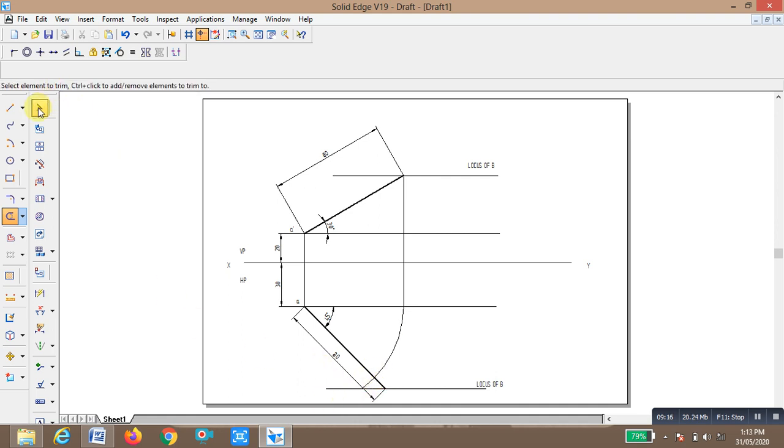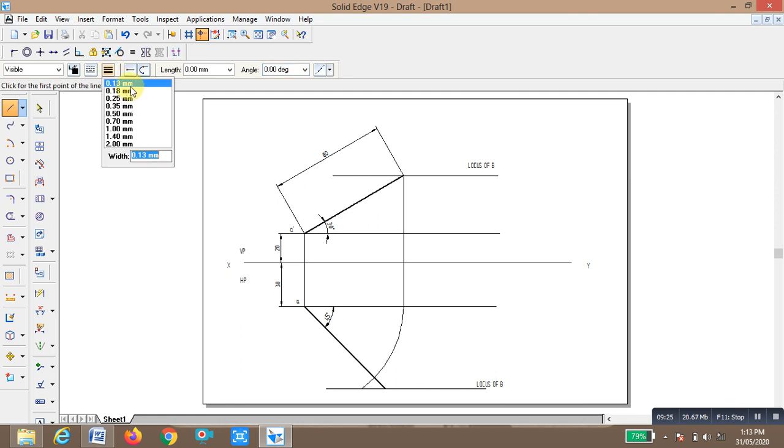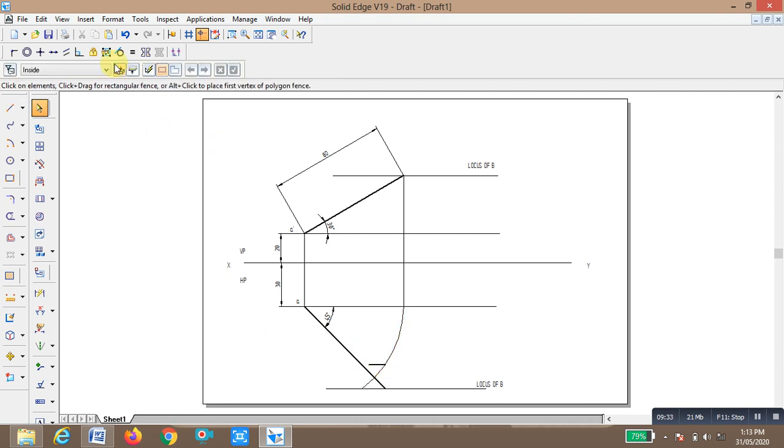This line, select 0.5 mm thick. So this point and this, whatever arc I had drawn, select line thickness 0.5 mm. This is the extreme end, here to here we have to connect.